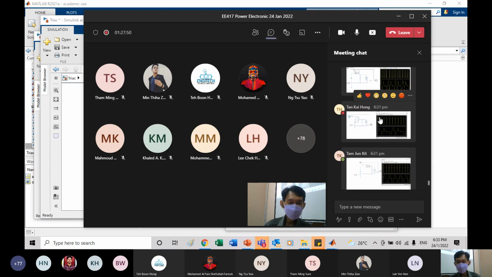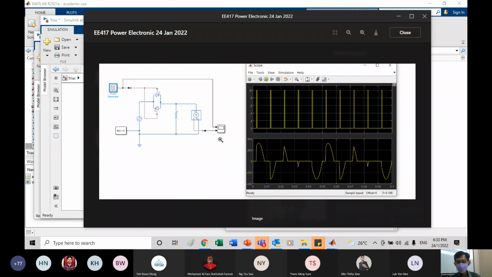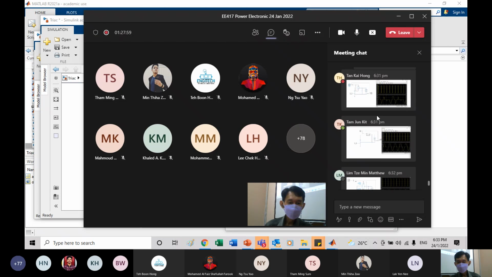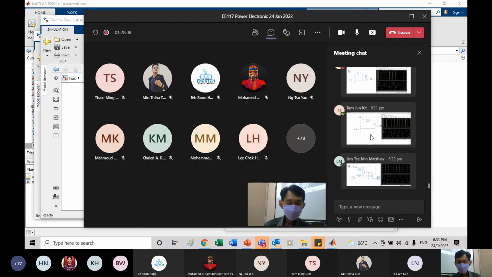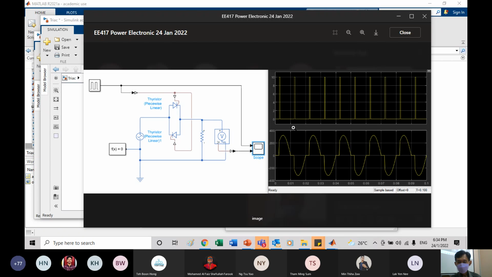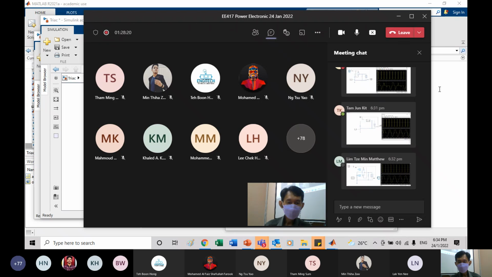Tan Kai Hong, also something wrong here. Same, I think it's a solver problem. Tam Jun Get, Jian Te, very good. Matthew, okay, good. Just make it a block.